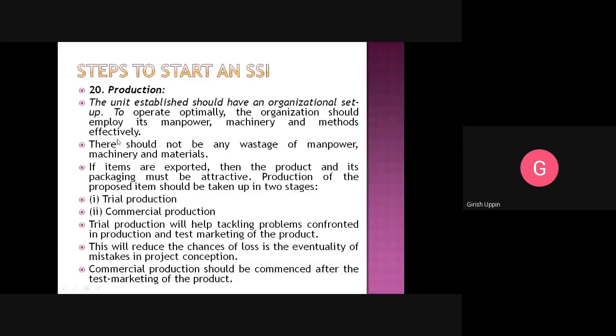So you will be using machineries optimally. This machinery can run for 24 hours, and you are making sure that it is running 24 hours. Manpower can work for 8 to 10 hours, so you have three shifts working on those machineries. That is how you can make optimal use of all the resources.